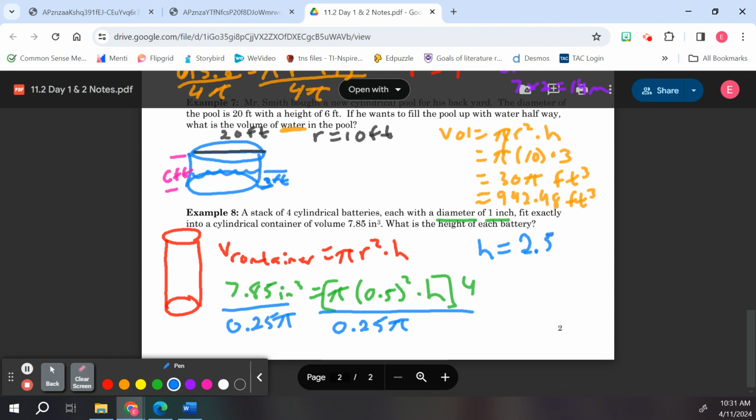Okay, times that by pi. 7.85, I don't think this is right. 7.85 divided by pi divided by 2.5.